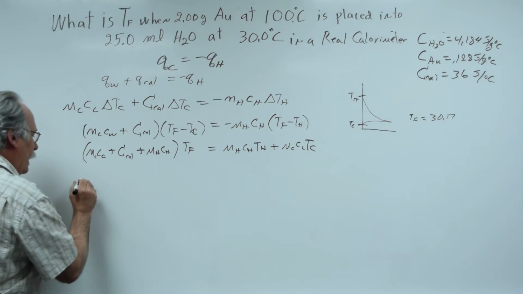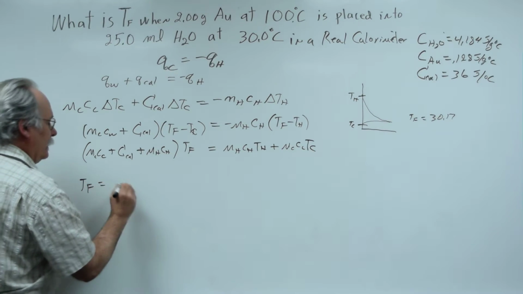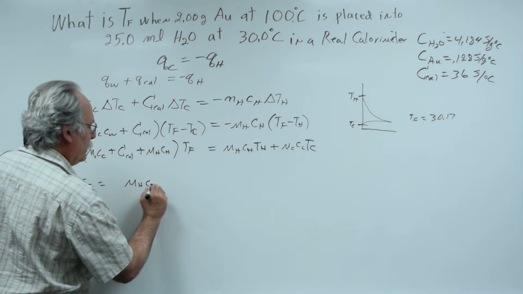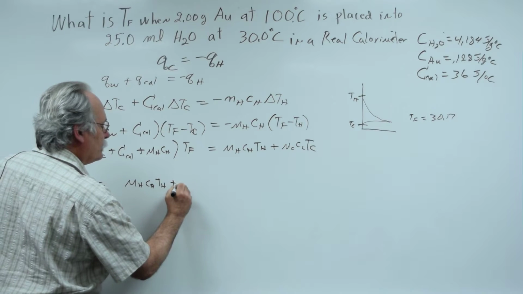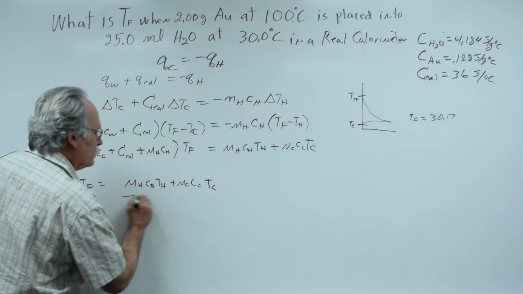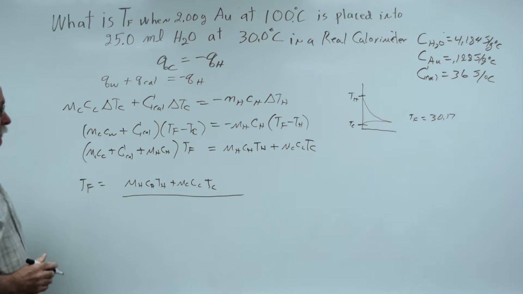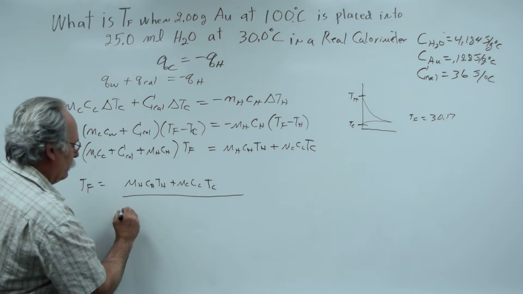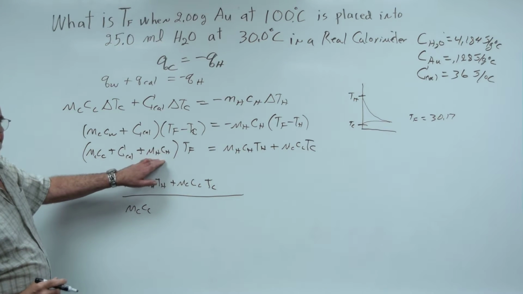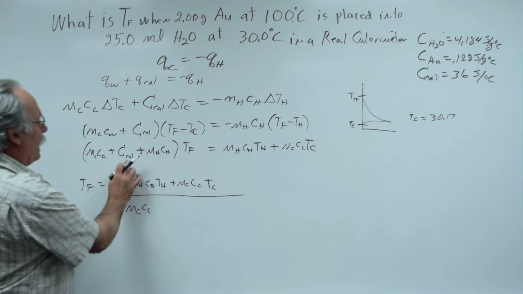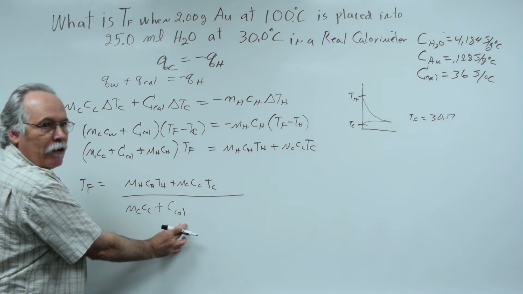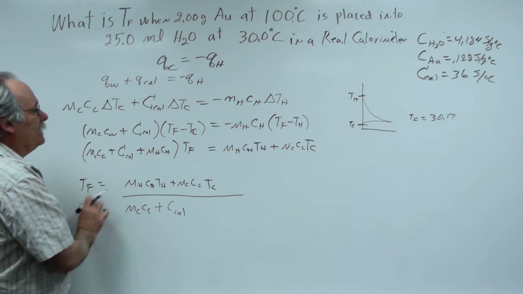And now I have my Tf is equal to MHCH-TH plus MCCC-TC, which is identical to what it was in the absence of the calorimeter. But now in the denominator, I have my MCCC and my MHCH, which I had before, but I also have my C calorimeter. So the denominator has gotten larger, so the final temperature is going to get smaller.